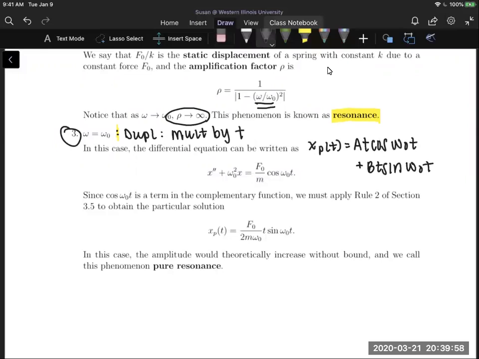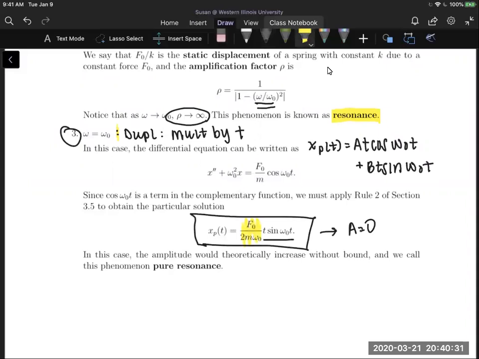All right, and so again, kind of fast forwarding to the solution, I'm not going to go through the derivation, but if you went through and solved for those coefficients a and b, you'll notice that only the sine term survives. This implies that a is always going to 0 because the cosine term isn't showing up, and we get this new coefficient in front here, f naught divided by 2m omega naught. In this case, we have a special term for it as well.